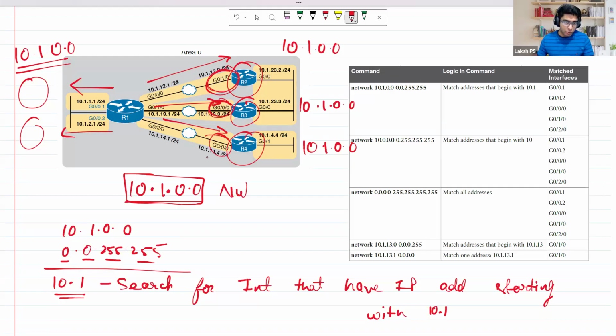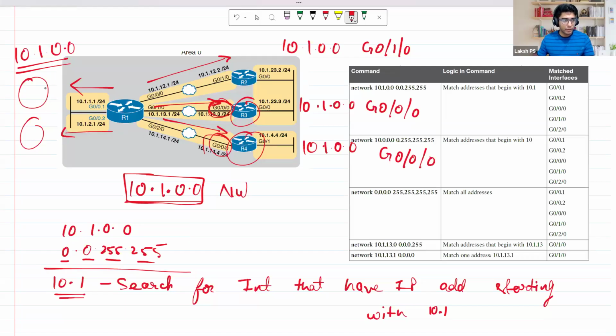So on R2's routing table, it will say to reach 10.1.0.0, I have to send the data out of gigabit 0/1/0. On R3, it will be gigabit 0/0/0. On R4 also, it will be gigabit 0/0/0.